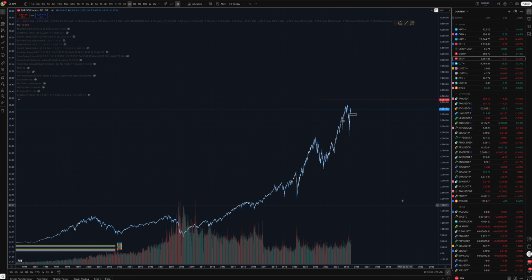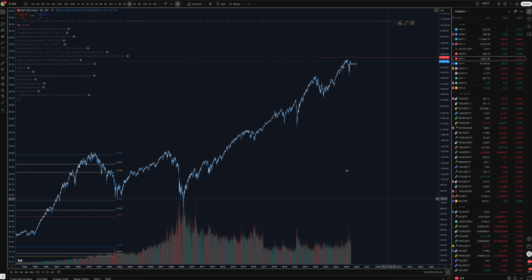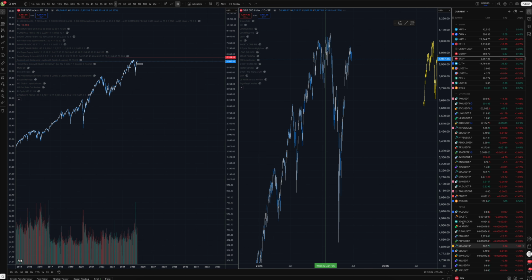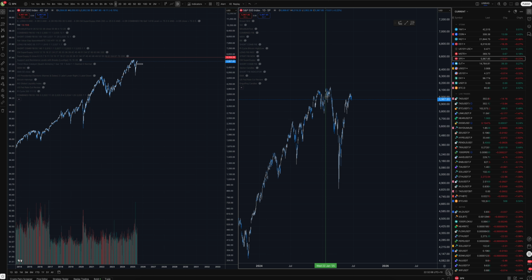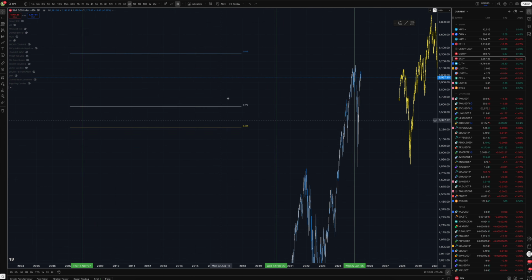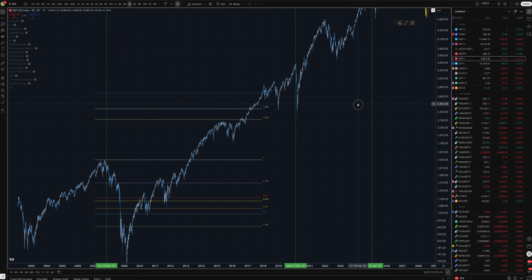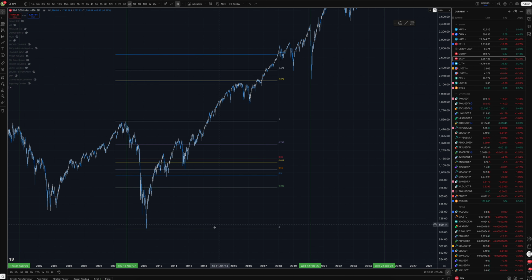6,300, according to how I measure out my fibs. I think I do have it on this chart right here. Nope, I don't. Oh, I do. Yep, I have it measured here from the largest move of the range.